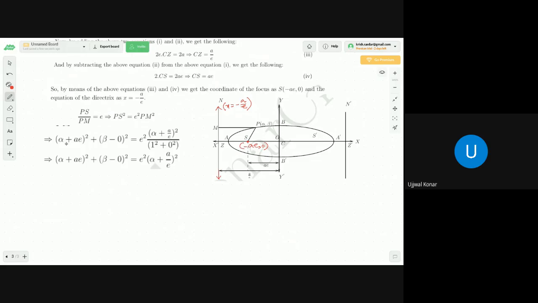And we can also find PM, because we know the equation of the directrix as x equal to minus A by E. So we find it, we square it, and we get this. After that, it is just a simplification. If we simplify, I'm going to show you the simplification, and we get something like this. Just algebraic simplification.